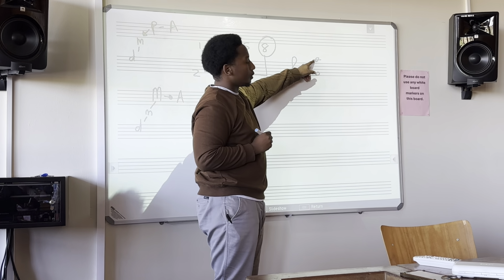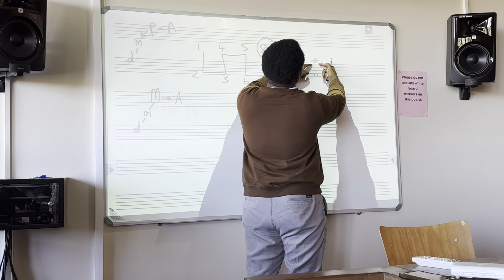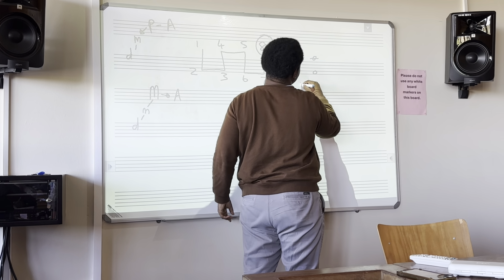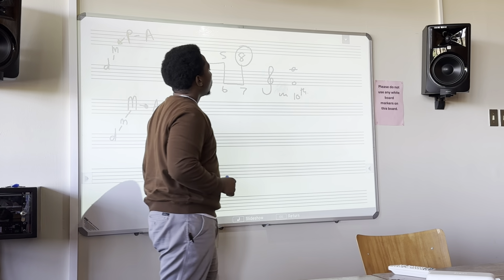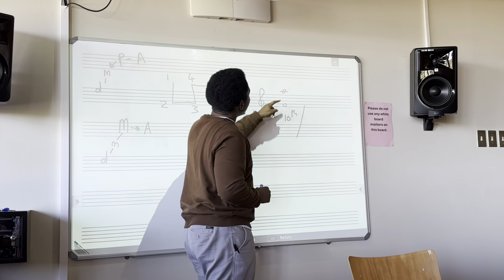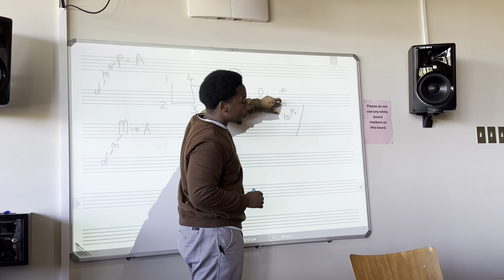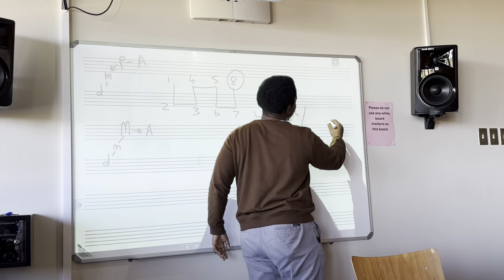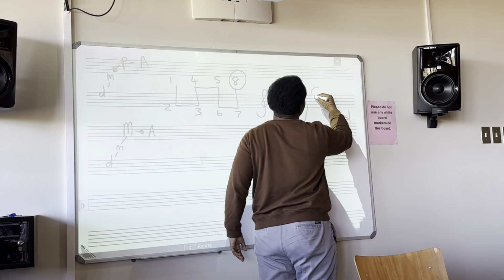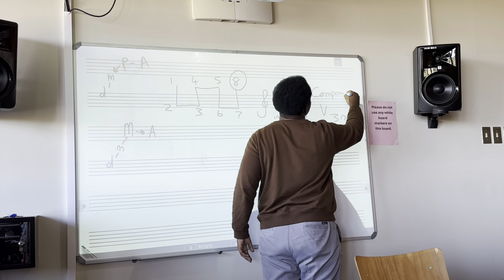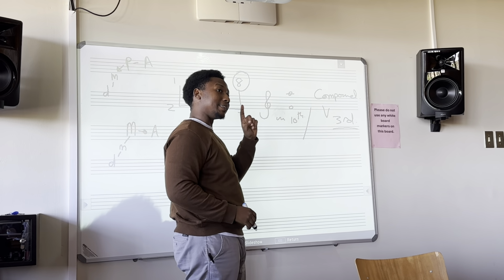This is F and this is A. You can either say, so this F, 8, 9, 10, it's a tenth, okay, or you can drop the top one down, right, and then you calculate the distance there, which will be a third. But in answering this, you must add that it's a compound third. This is the quantity, not the quality yet.